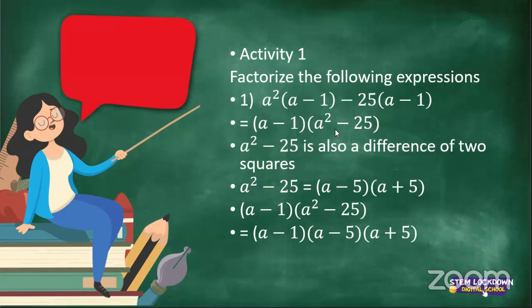Now that you have factorized a squared minus 25, you should be able to see that your final answer will change, and it will become a minus 1 into a minus 5 into a plus 5. So that is the first activity, which I thought we must be able to do and finalize.